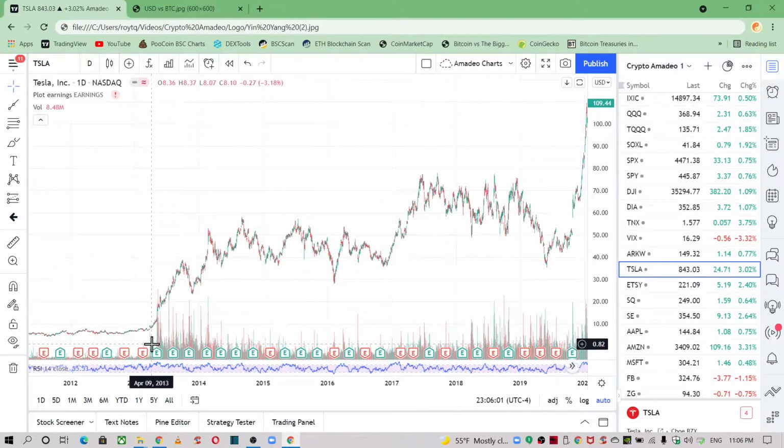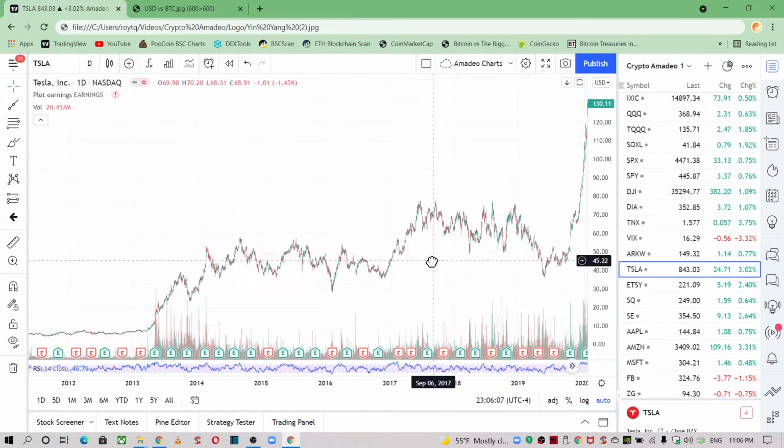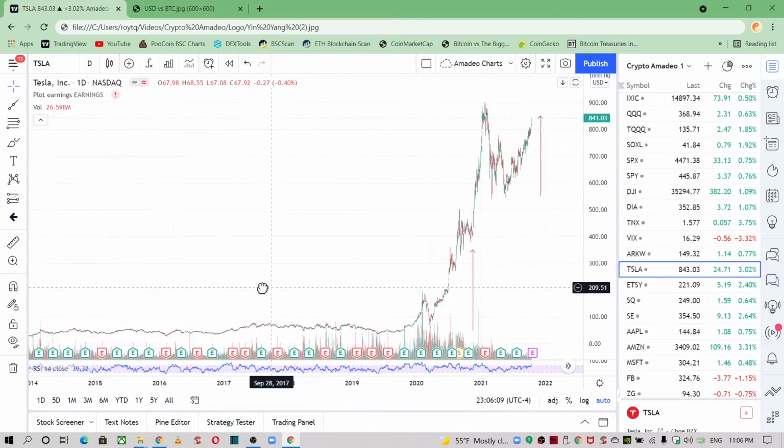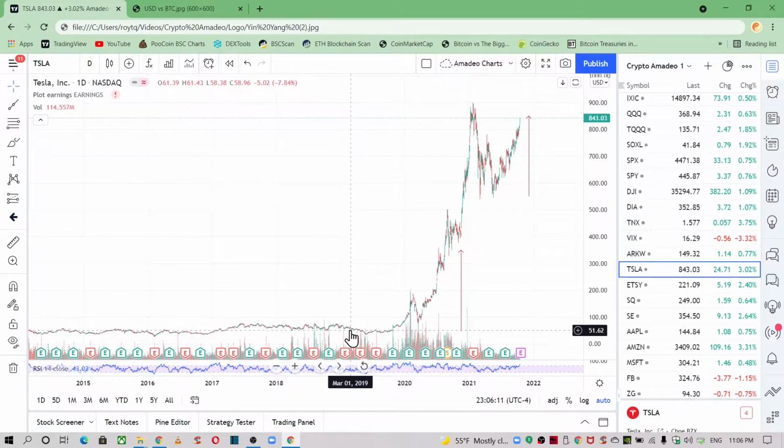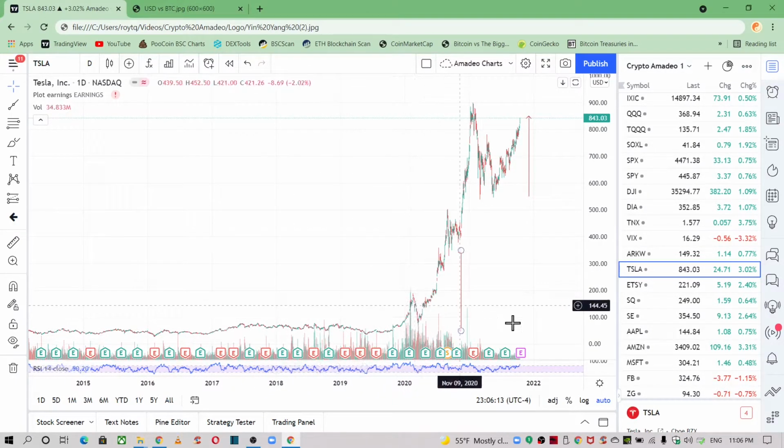Let's say from $5 to $10, even though that's a 100% move, it's such a small absolute price change that it will show up as a very short vertical distance on the chart. So this is why you need to have log on when you analyze charts that have a wide price action range. This is Tesla as an example.